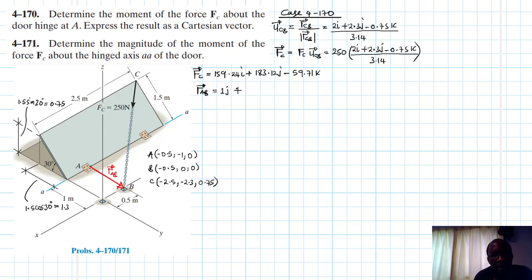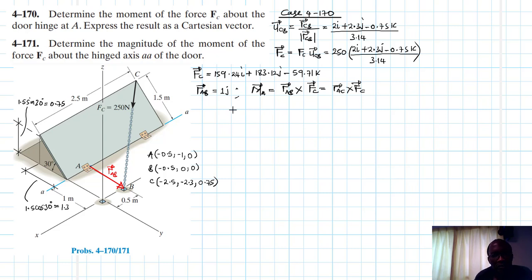Alright. So now let's work out the moment there. The moment about point A as a vector is just going to be equal to RAB cross FC. We said this is also equal to RAC cross FC, right?